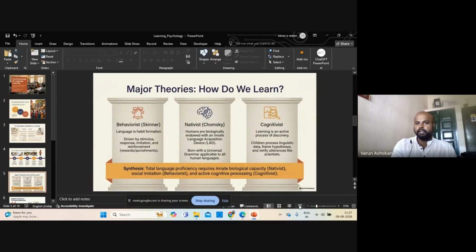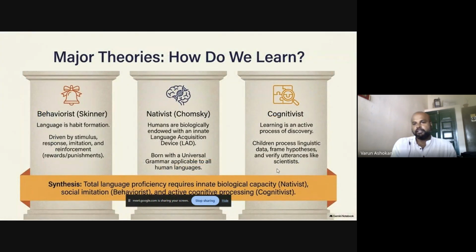There are a lot of language theories which speak about language learning as well as language acquisition. Some theories speak exclusively about acquisition, and some exclusively about language learning. Here we have Skinner's language theory, where Skinner says language is learned through habit formation.